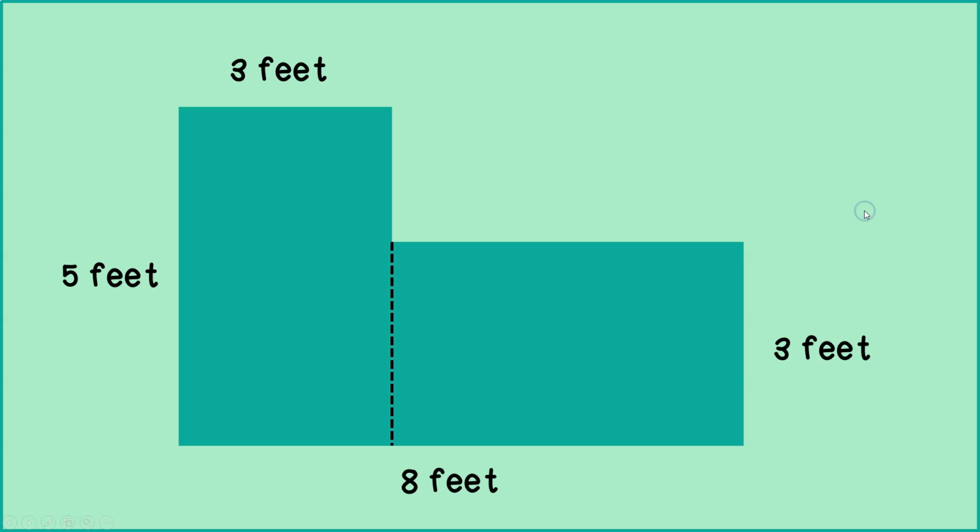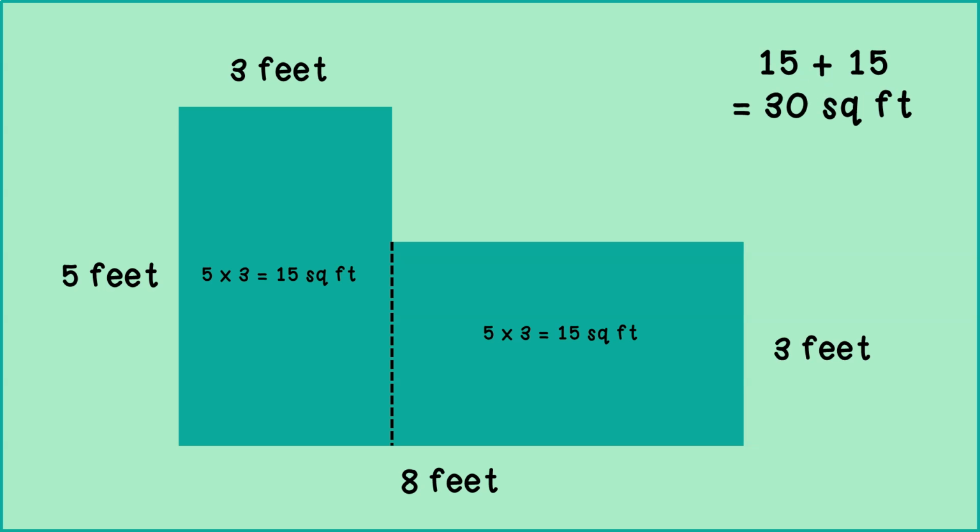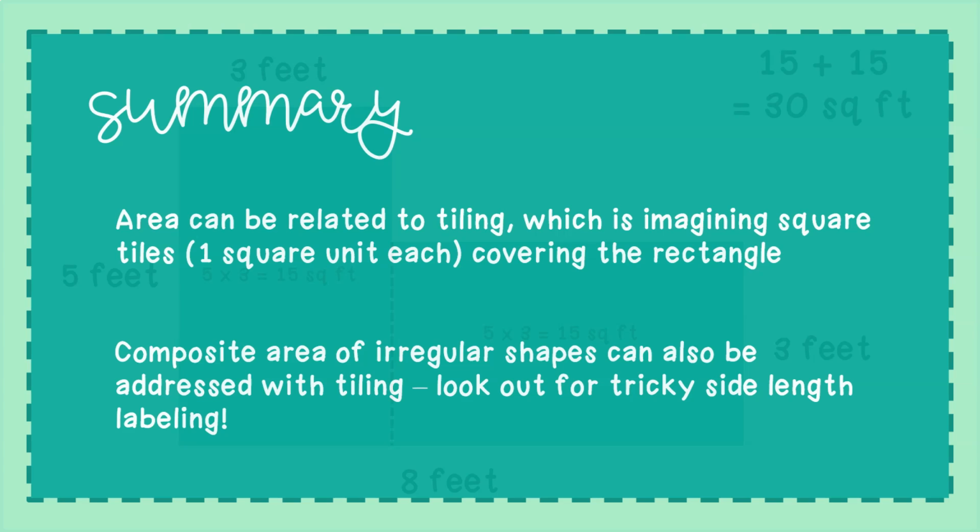So having that understanding and splitting it and making that connection is really important for the students. So this is something that we have to practice with using tiling and other strategies, but thinking about it in a more hands-on way and not just giving them rules, helping them to really see that connection there with area. All right, and then we'll see it's actually just 2 identical rectangles stuck together, and that labeling is a little misleading there.